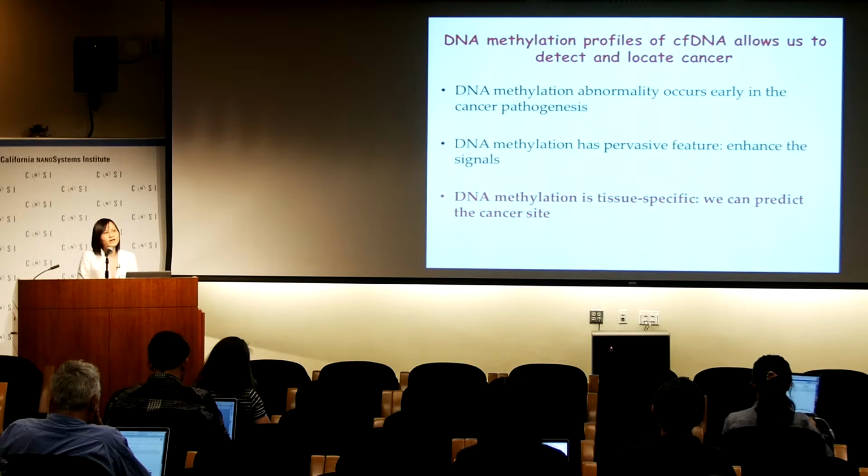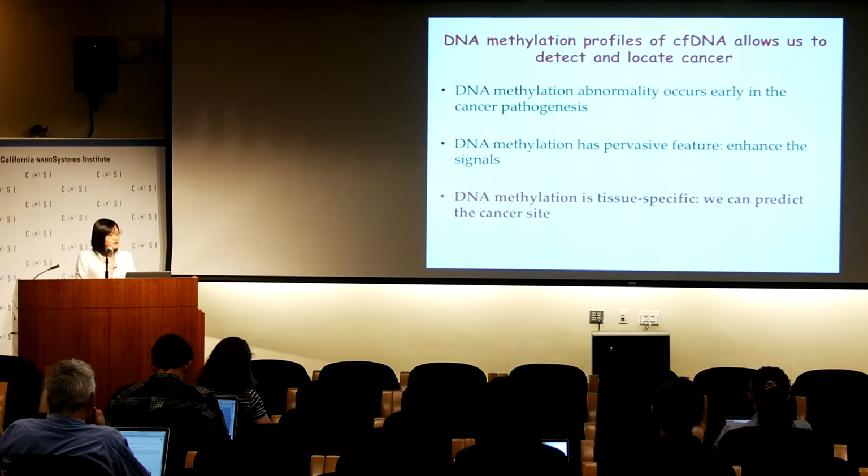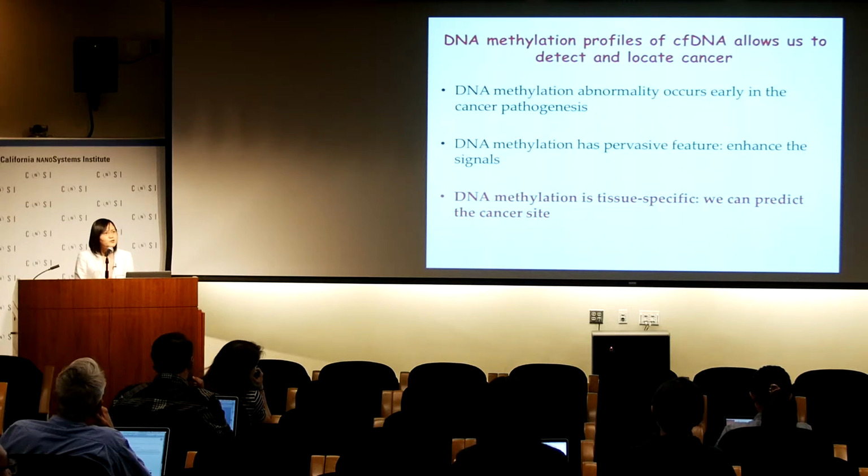In fact, we can not only detect cancer, but also locate cancer. That's because the DNA methylation actually is tissue-specific, so we can predict the cancer site from the DNA methylation pattern. And also, the DNA methylation actually has a pervasive nature, which means if some base, like a CpG site, is methylated, then usually it's not just this site that is methylated; a large region covering this site is methylated.